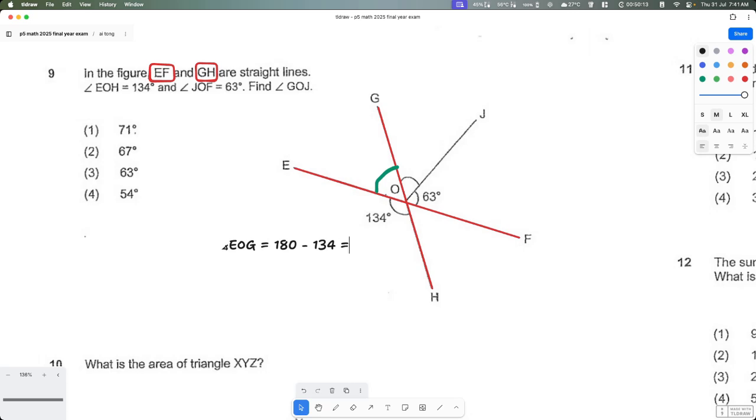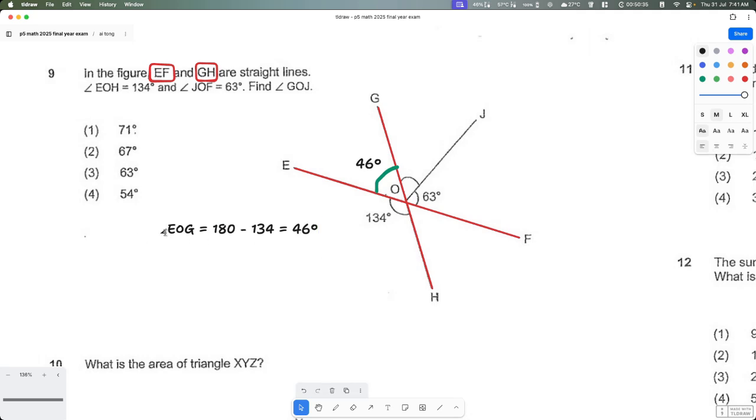This will give us 46 degrees. So we know EOG in this case over here will give us 46 degrees. I can copy this actually, 46 degrees. Now we can calculate GOJ.